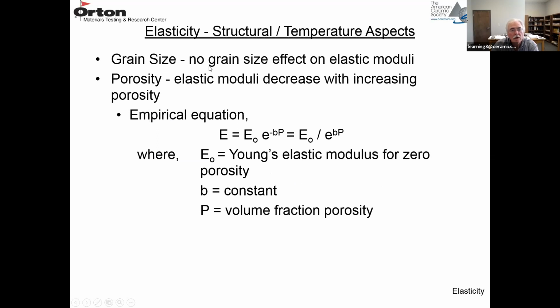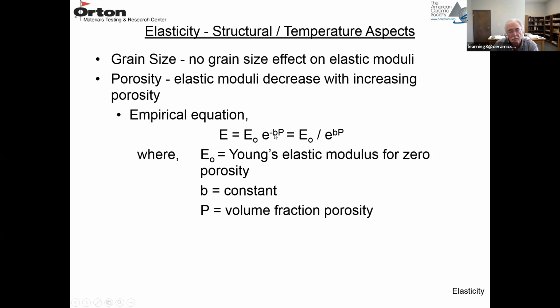Grain size effects, well, there's no grain size effect for elastic modulus. Porosity has a big effect. The elastic moduli decrease with increasing porosity. And for a lot of these properties, people have developed empirical equations to describe how a property changes with porosity, maybe with grain size, and so on. So this one is Young's modulus as a function of porosity. E0 is the Young's elastic modulus for a sample that has no porosity.